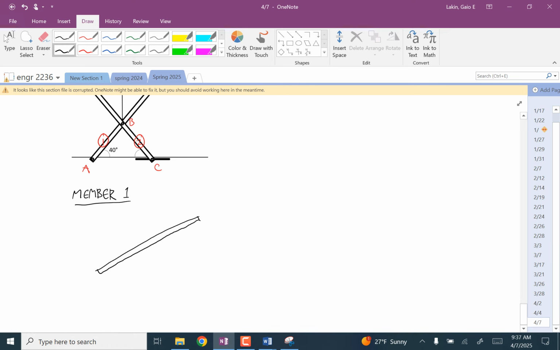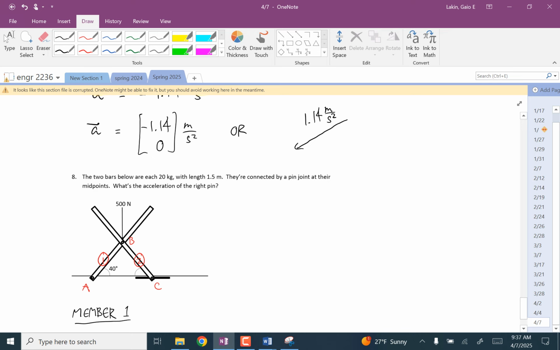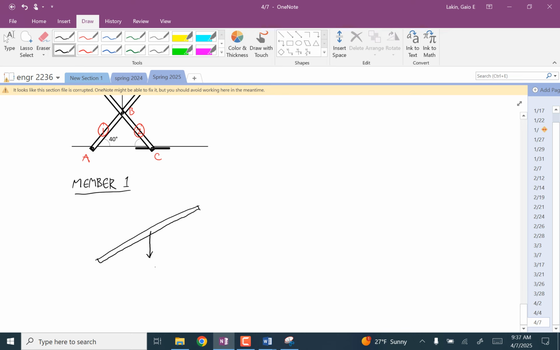There's the weight force acting at the center. The mass is 20 kilograms, so this is 196.2.